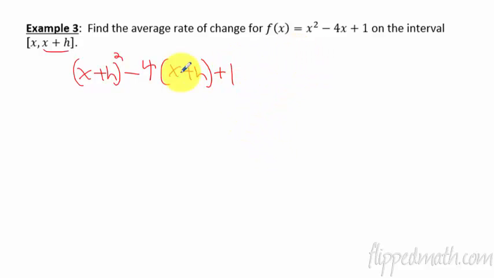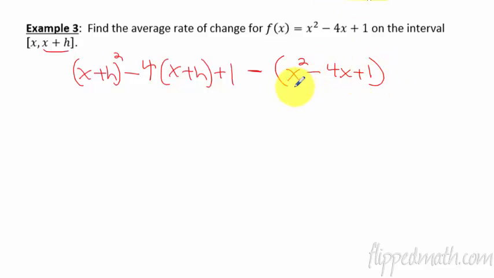What I just did is plug the x plus h into this x and into this x. You have to put them both into both of them. Then we subtract f of x with an x plugged in. Now we're just plugging in an x, which means it's the same thing. But you have to put parentheses here because we're subtracting the entire f of x. So minus 4x plus 1.